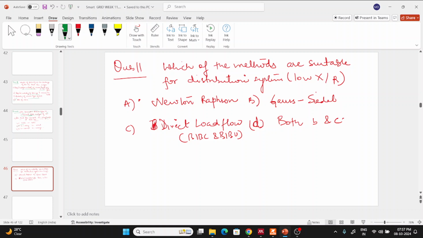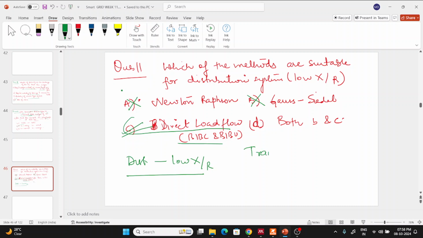Now see, the x by r ratio of distribution systems is very low, so they are more resistive. Due to that, Newton-Raphson is not suitable. The same goes for Gauss-Seidel. But direct load flow, which is based on BIBC, is much more suitable for the distribution system, because they have a low x by r ratio.